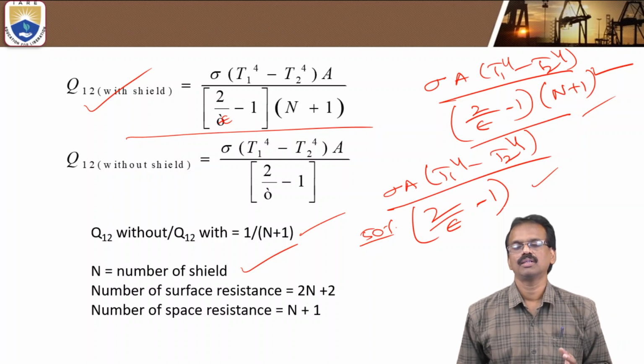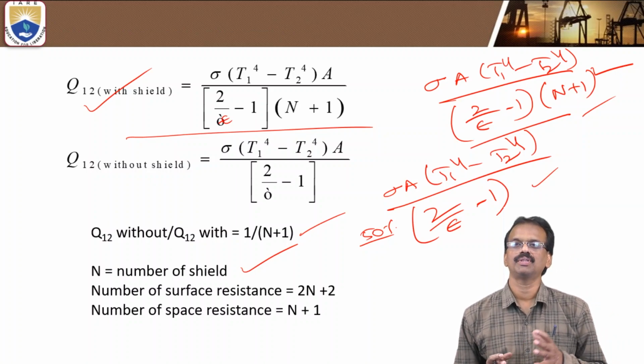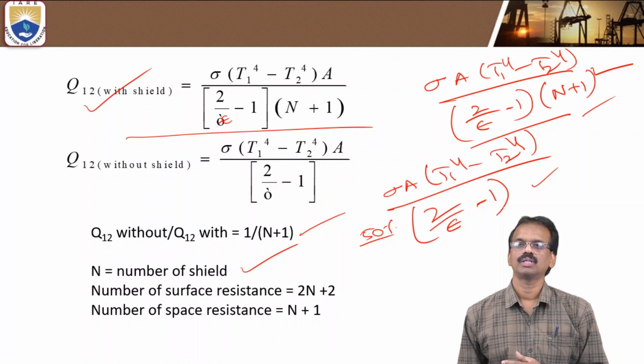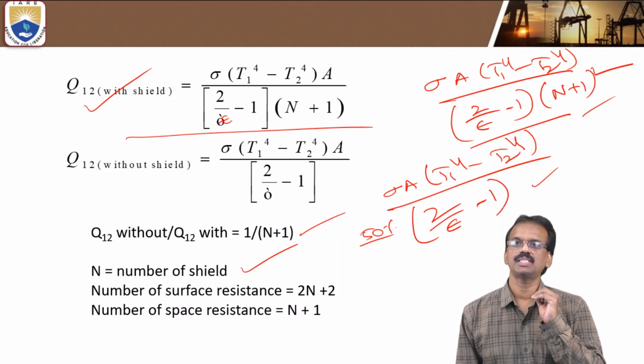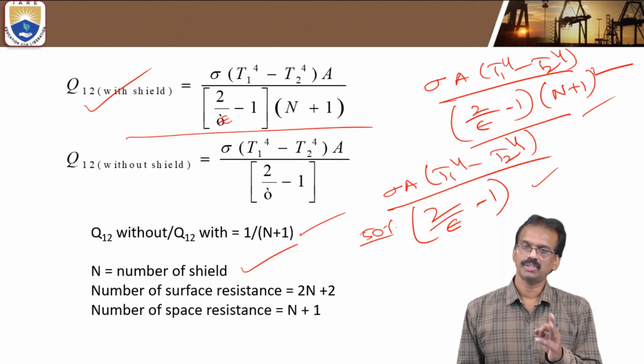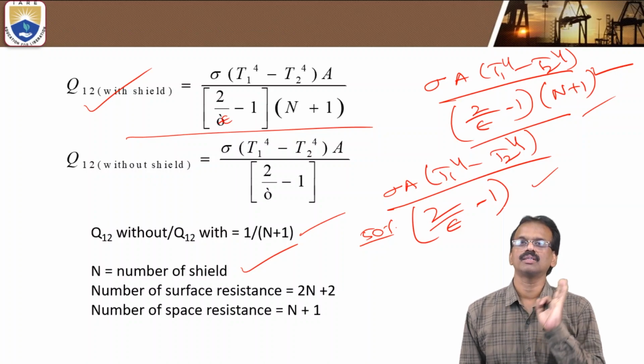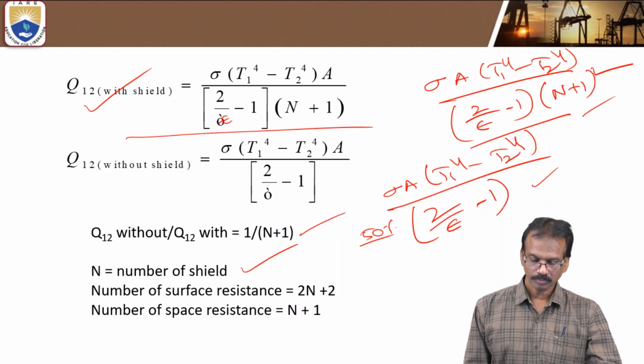You know that in the radiation process between two surfaces, we can see three types of resistances. Two are surface resistances, and one is the space resistance.